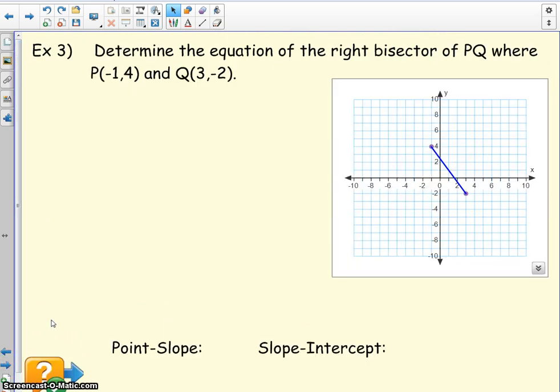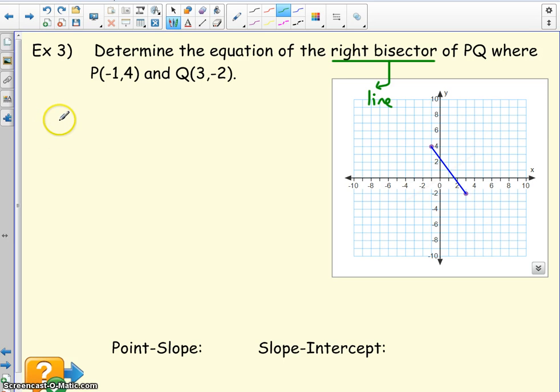Okay, so what we're going to do now is actually try and find an equation of the right bisector. Now remember, the right bisector is a line, so it does have a specific form. Remember equation of a line from grade 9, we've seen a few different forms. You saw a standard form, you saw a point slope form, you saw a slope intercept form. So remember that the right bisector is a line.